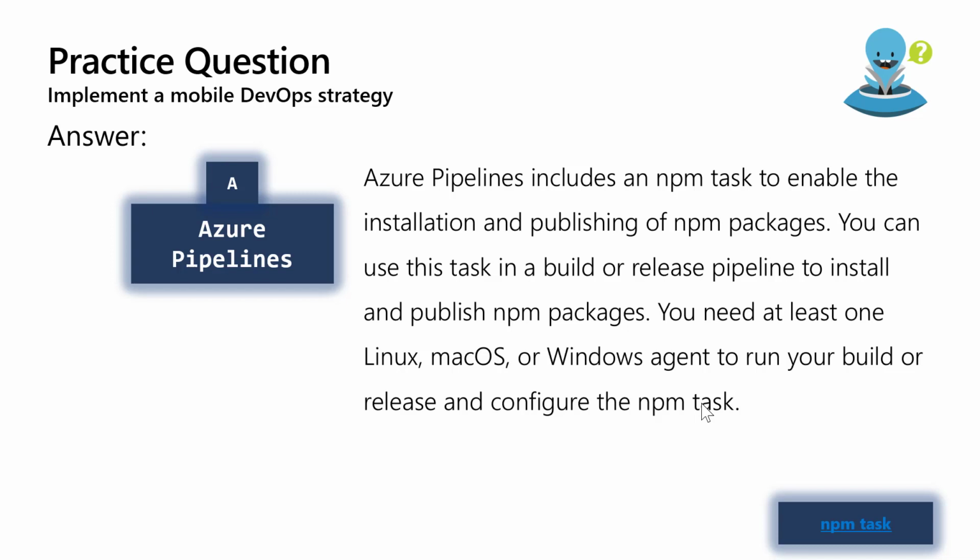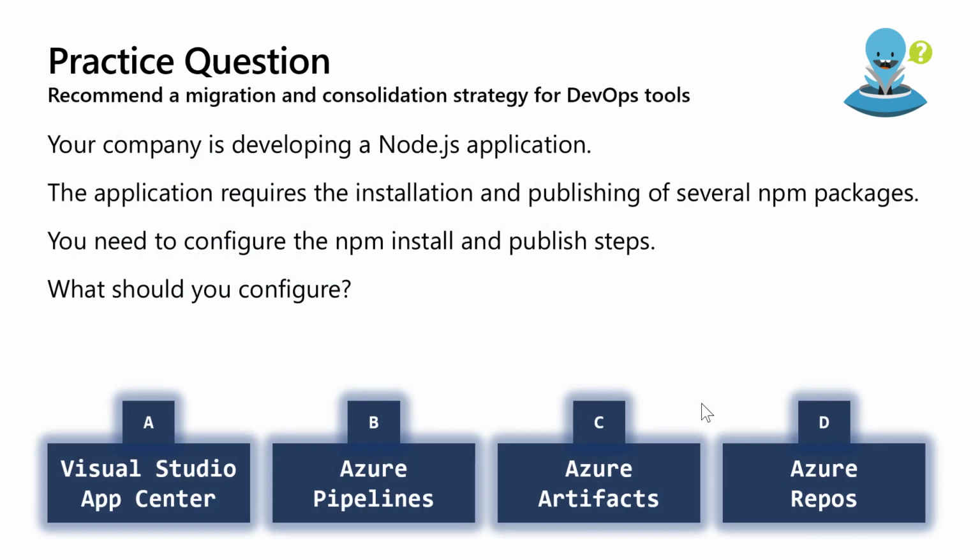So the confusing part, if I take one step back, is Azure Artifacts. You could be getting confused a little bit because we're talking about NPM packages, where you could go like, well, it's something about NPM install, publish, but that's not what Azure Artifacts is doing. It's allowing you to integrate NPM packages, but it's not really installing or publishing them.